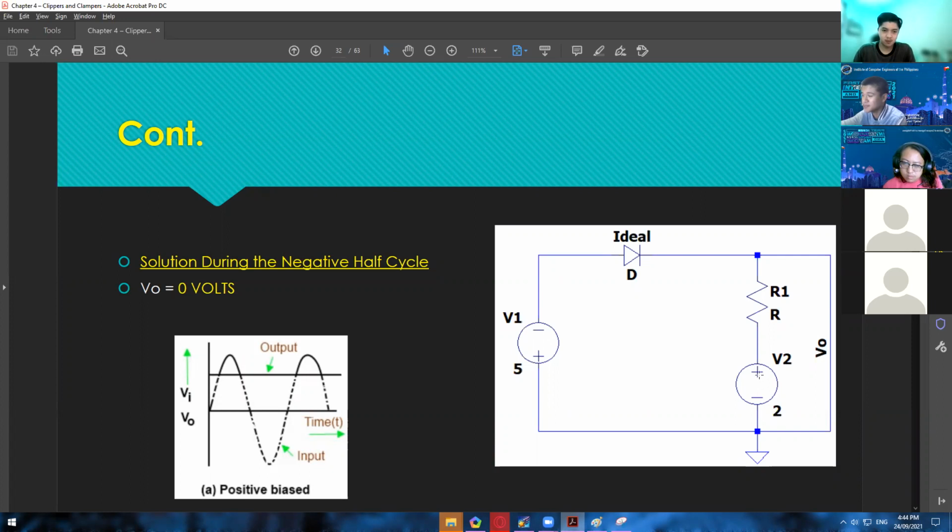So same din, dito rin sa bias voltage natin, positive is connected to the negative, and the negative is connected to the positive. So reverse bias all throughout. Okay, so if it's reverse bias, of course, open circuit lang to. There is no flow of current on this circuit. So that is why we have 0 volts as a result in here. Okay, got it?